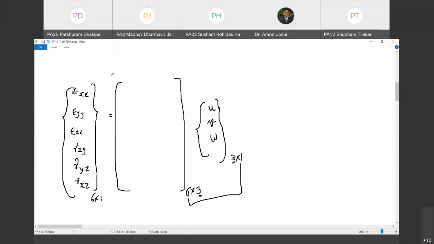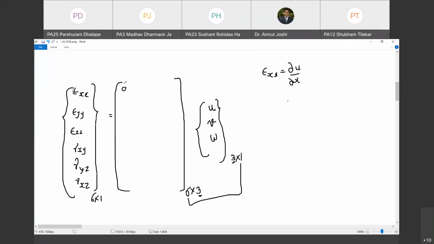Yes. So let me write down what this matrix is. What is epsilon xx? We know epsilon xx is dou u by dou x. So I should get epsilon xx equal to this row multiplied by this column, and that should be equal to dou u by dou x.